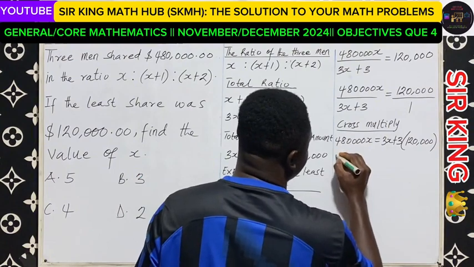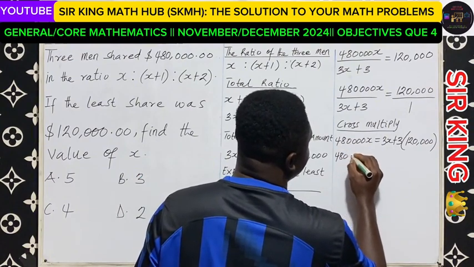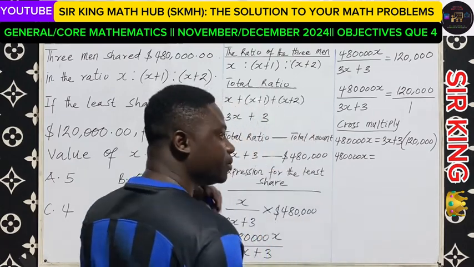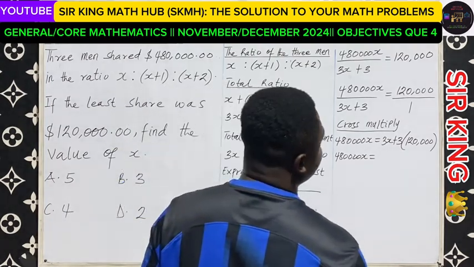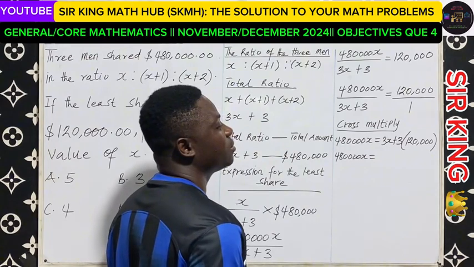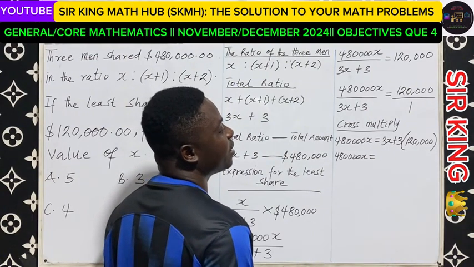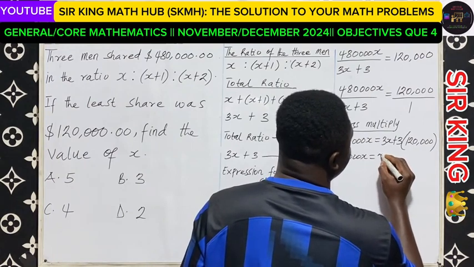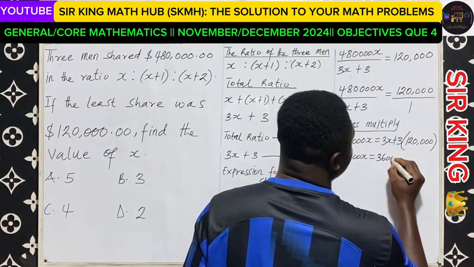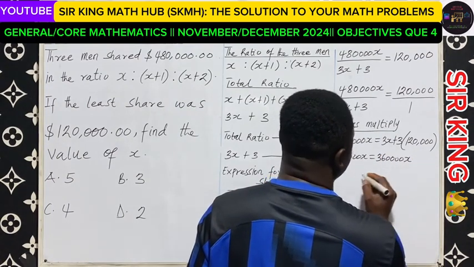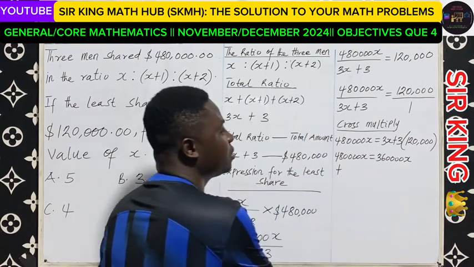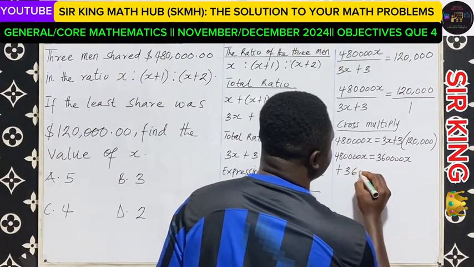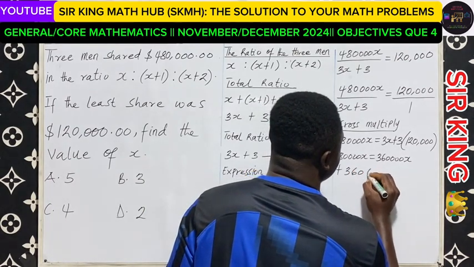So let's simplify. 480,000x is equal to, let's expand, 3x multiplying 120,000, which is 360,000x, plus 3 multiplying 120,000, that is 360,000.